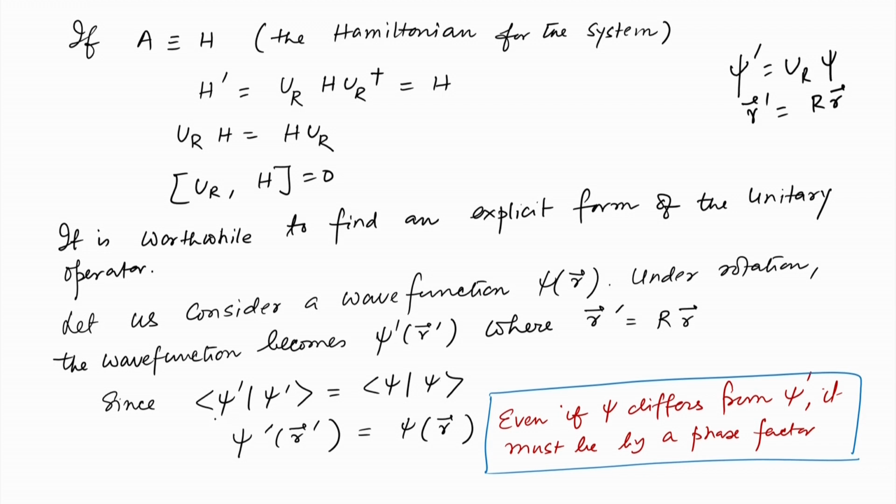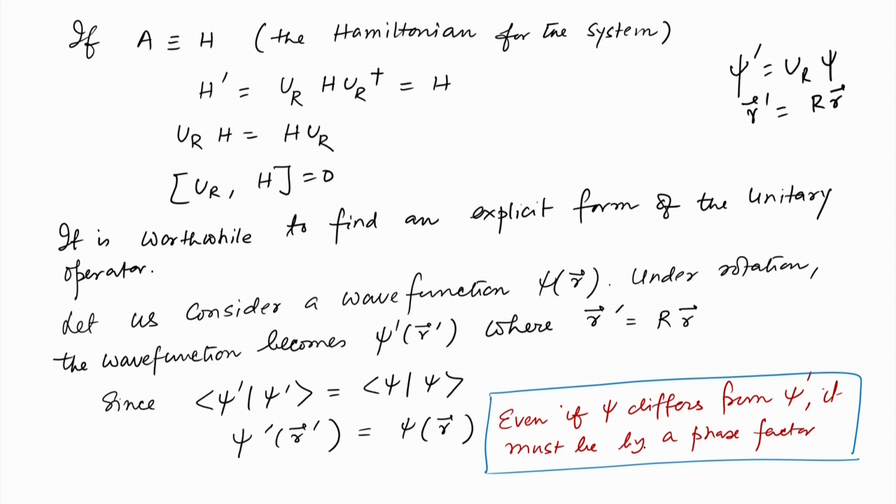Now, of course, what we have said earlier is true, that the overlap or the inner product should be conserved. Which means that psi prime of r prime should be psi of r. They could at the most differ by a phase factor.